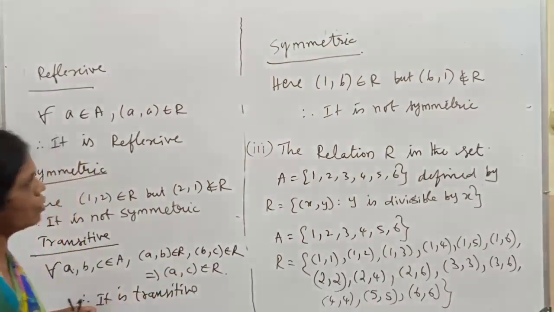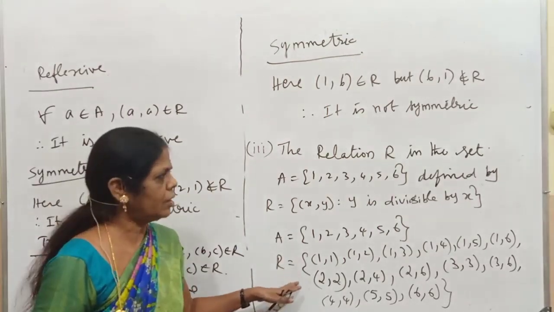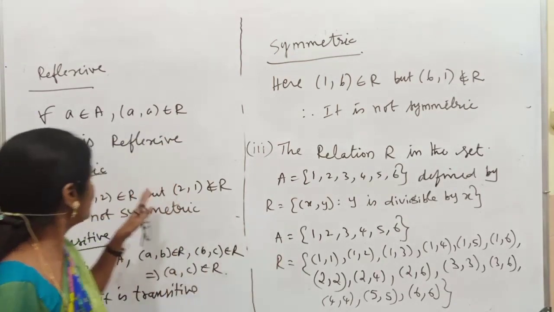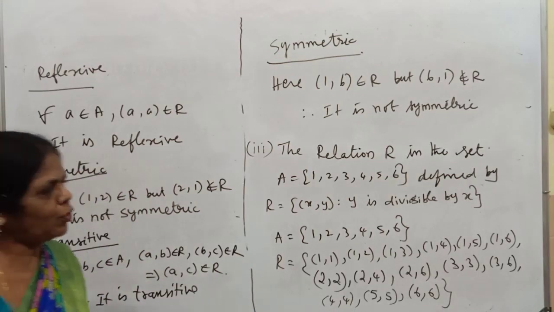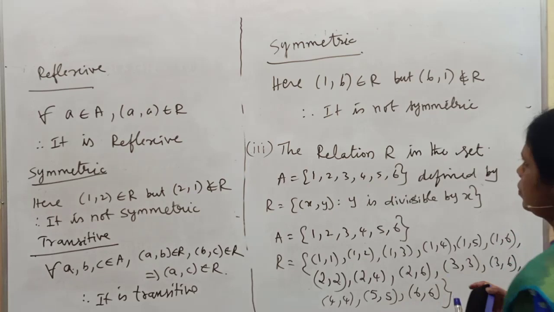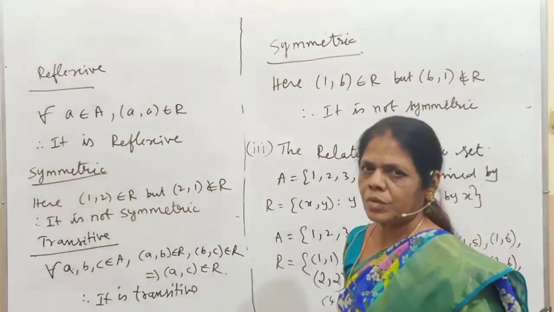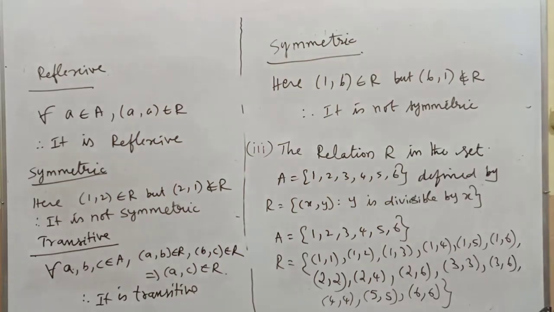So, how will you conclude this? This is reflexive and transitive but not symmetric. If you want to go for another method, I think all of you understood this. So this is the better method for everyone.